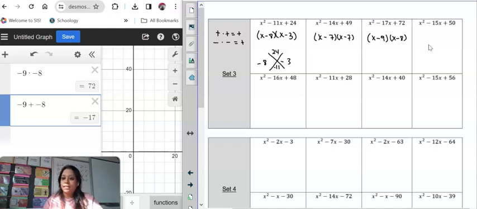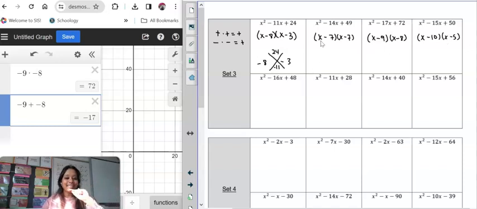There you go. I'll do this last one. 50. So I think I got it. Negative 10 and negative 5. There you go. Negative 10 times negative 5 is positive 50. And then negative 10 minus 5 is negative 15.